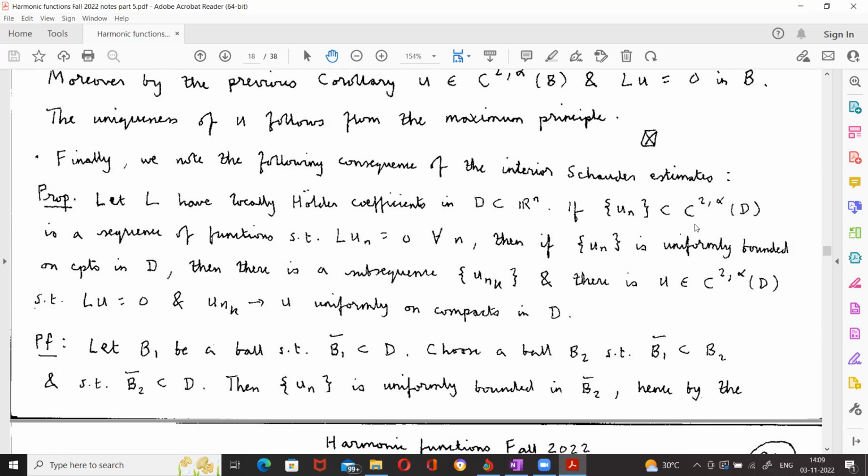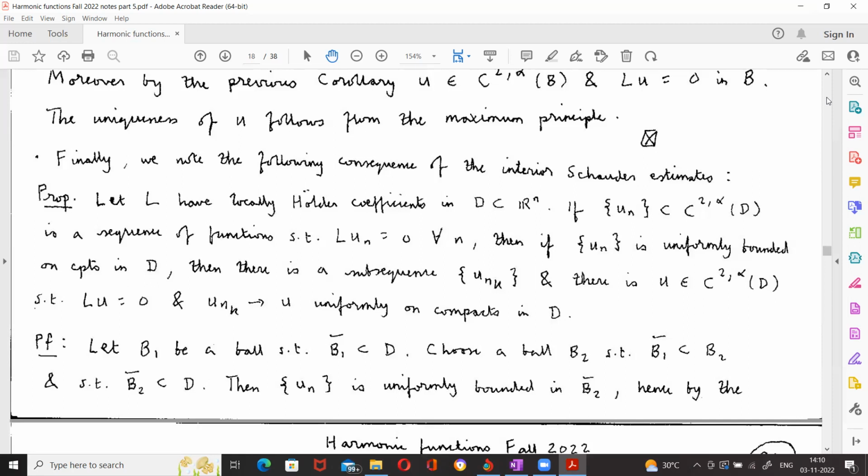When I say C2 alpha in D, what that means is the u's, these are C2 in the domain, in the interior, and the second derivatives are locally alpha Holder. So that's what C2 alpha in D means.